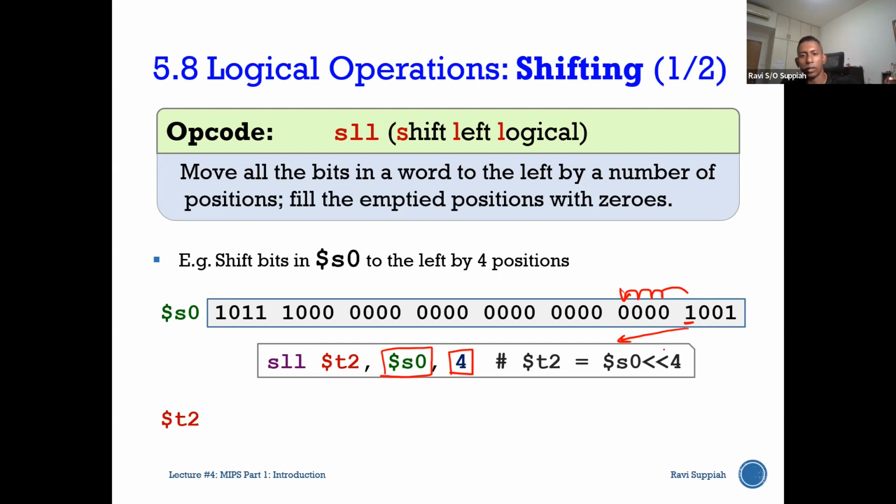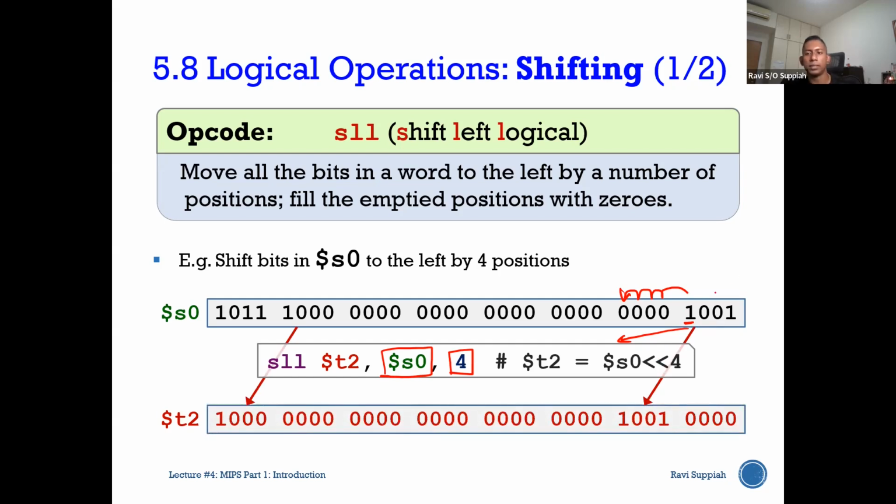After I perform this operation, these 4 bits here will move to the next upper 4 bits, and everything similarly will get shifted. When everything gets shifted, the upper 4 bits will get shifted out, so they will no longer be part of the answer. But what gets shifted in?